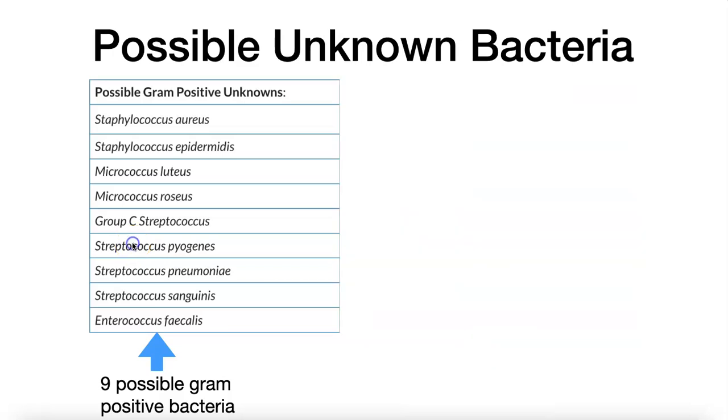This will be the focus of this video. If you look, these are not just any random gram-positive bacteria, but they cover the bacteria that we studied during the 2 labs that we covered focused on gram-positive bacteria. These first 4, Staph aureus, Staph epidermidis, Micrococcus luteus, and Micrococcus roseus, were the 4 bacteria that we saw when we studied the Staphylococcus lab.